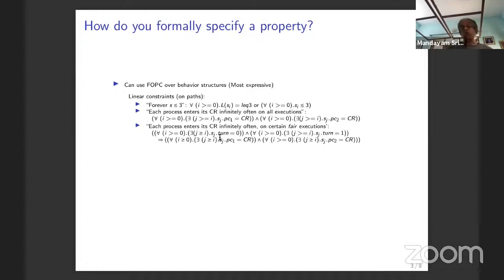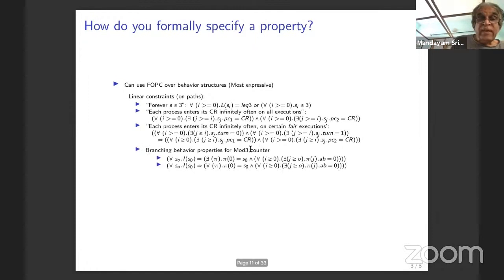Given that on those paths where this condition holds, that guarantees that PC1 being CR and PC2 being CR will happen infinitely often. So one can use first order predicate calculus.